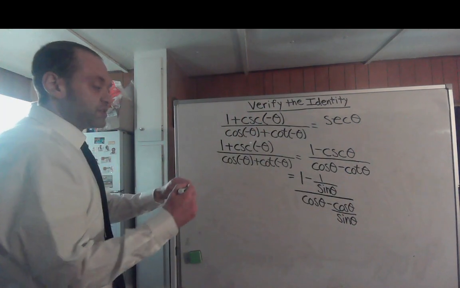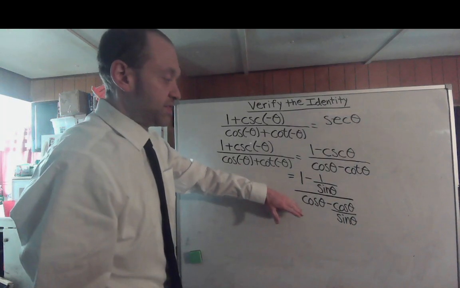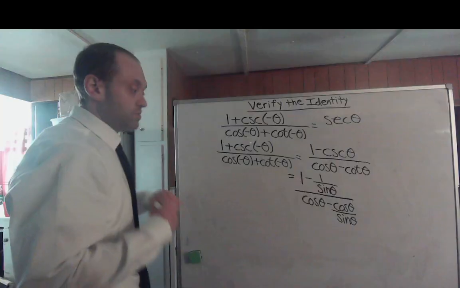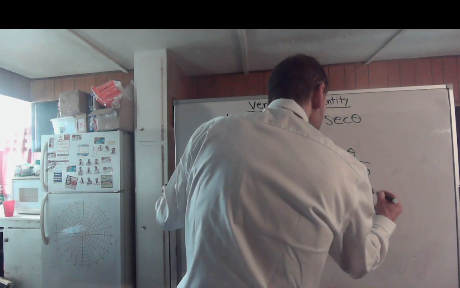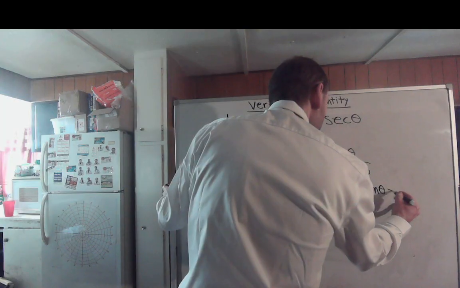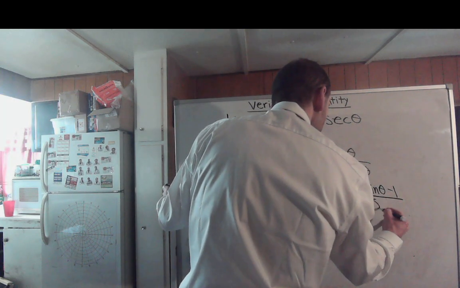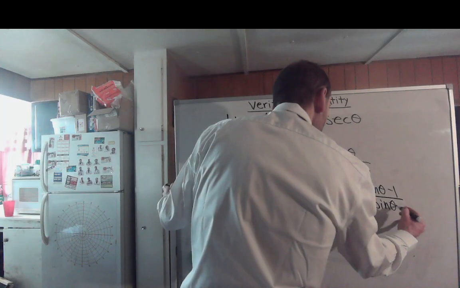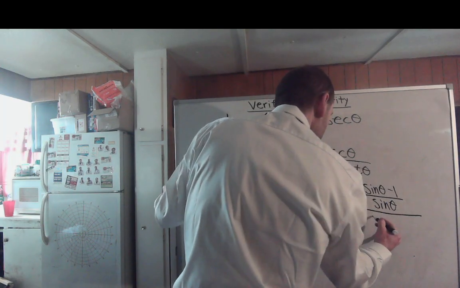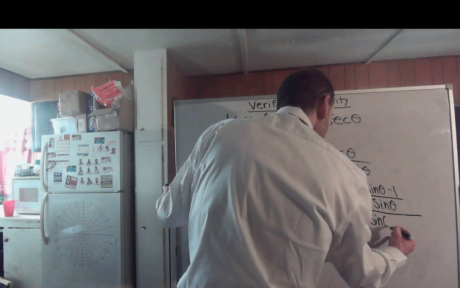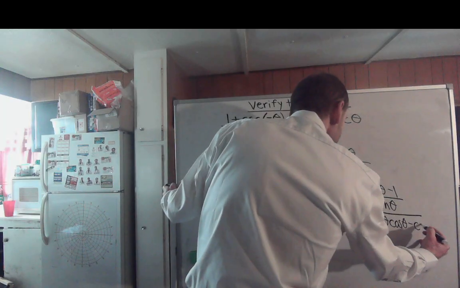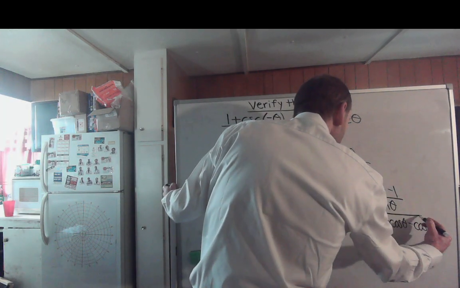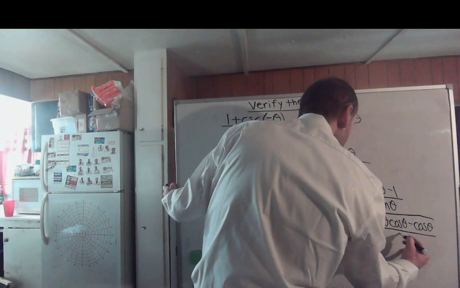Well, we definitely in the numerator and denominator have to get the same common denominator, which in both cases will be the sine of theta. So this would turn into the sine of theta minus 1 all over the sine of theta all over the sine of theta cosine of theta minus the cosine of theta all over the sine of theta.